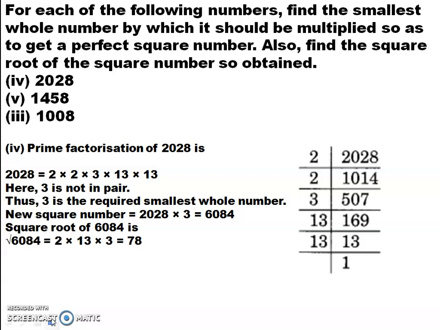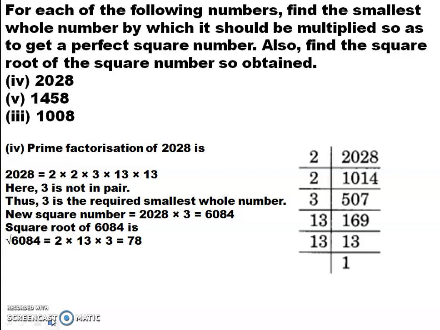For each of the following numbers, find the smallest whole number by which it should be multiplied so as to get a perfect square number. Also find the square root of the square number so obtained.